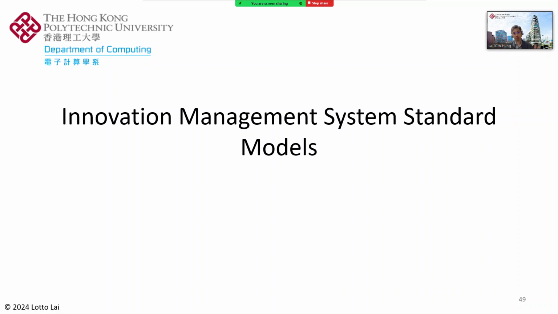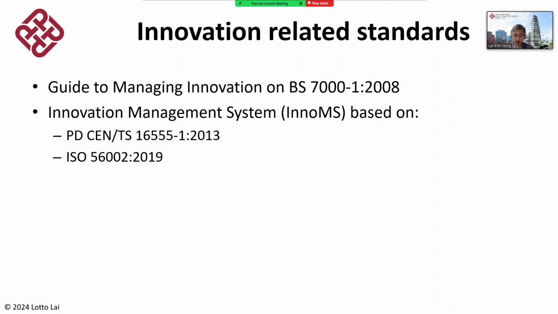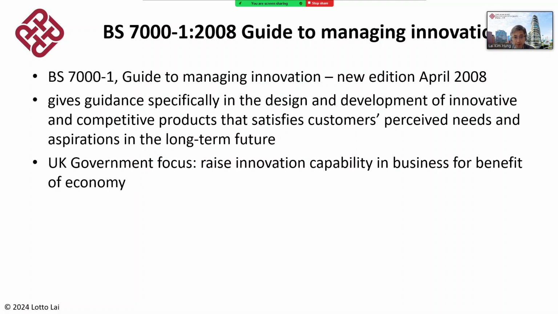So after this culture is introduced, I will now brief different innovation management system standards and models. The first one I would like to state is British Standard 7000, an innovation management system based on the European standard CEN/TS 16555-1 and also ISO 56002, a guide to managing innovation.